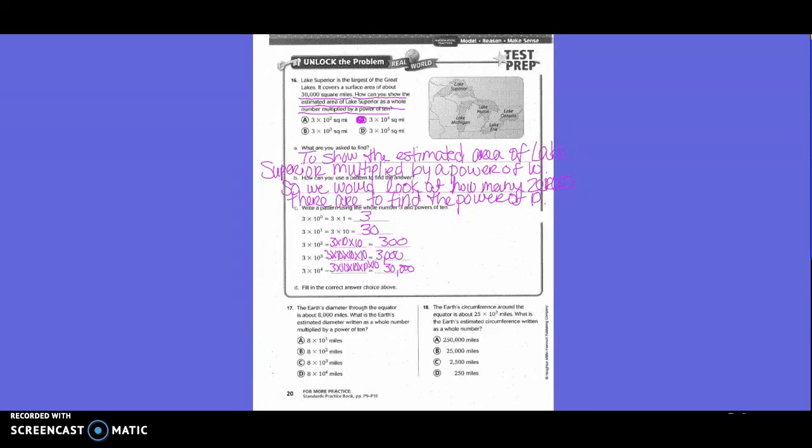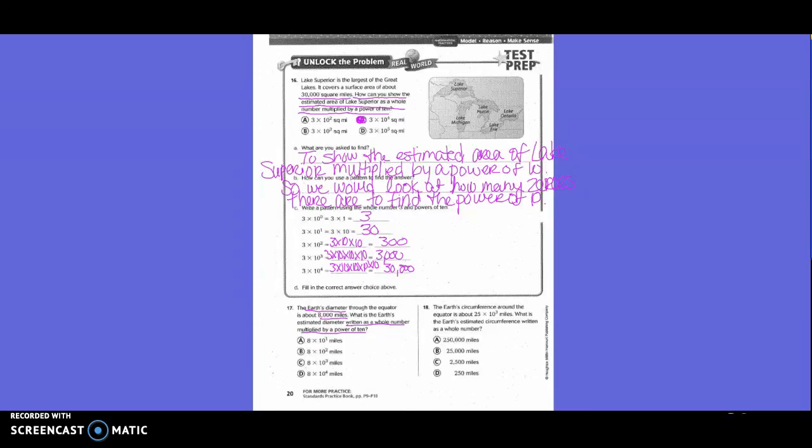Number 17, the Earth's diameter through the equator is about 8,000 miles. What is the Earth's estimated diameter written as a whole number multiplied by a power of 10? So Earth's diameter, about 8,000 miles, and then they want to know written as a whole number multiplied by a power of 10, right?